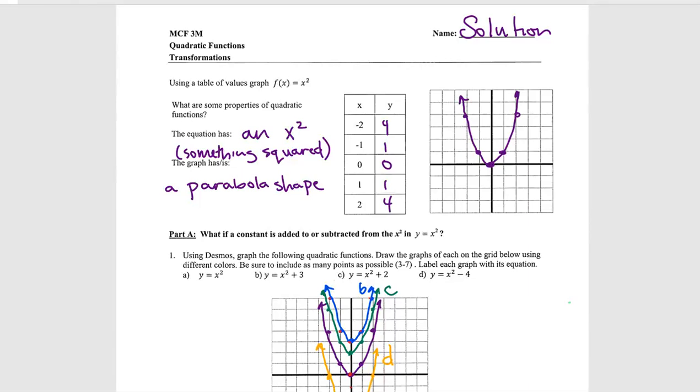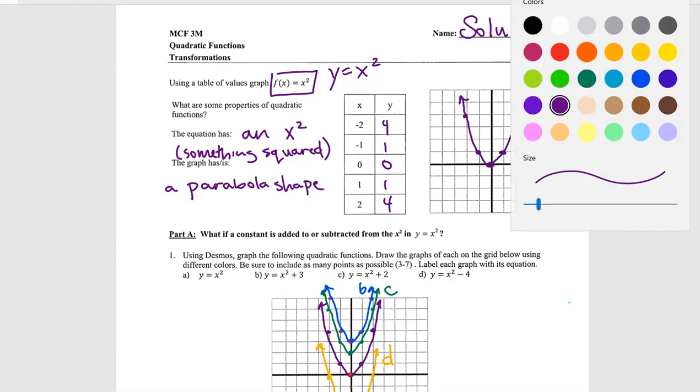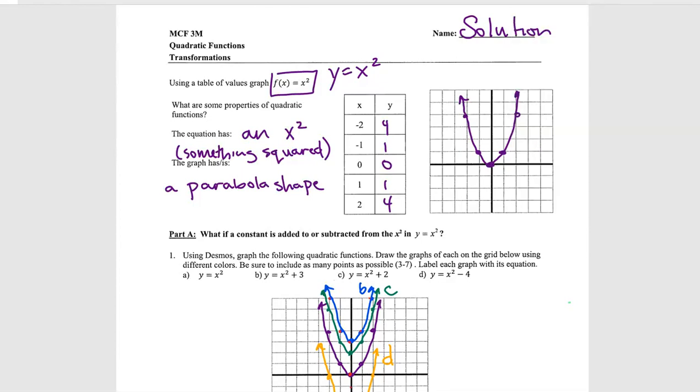In this video, we're going to look at the solution to this worksheet, quadratic functions transformations. On this sheet, the goal is to learn more about the graph of f(x) = x squared, also y = x squared. Sometimes we'll see this in function notation, and sometimes in the notation we're used to, the y equals.